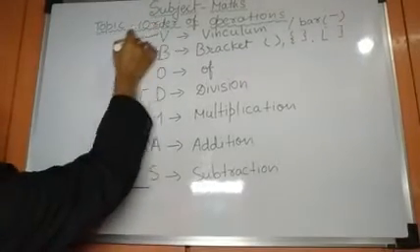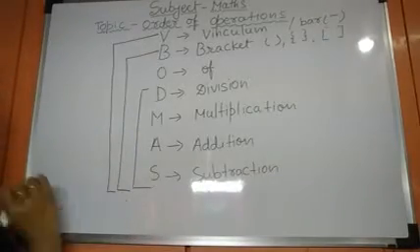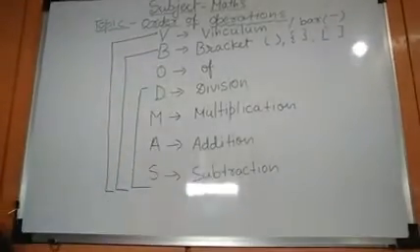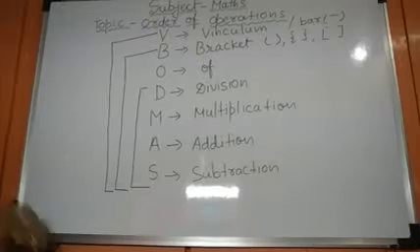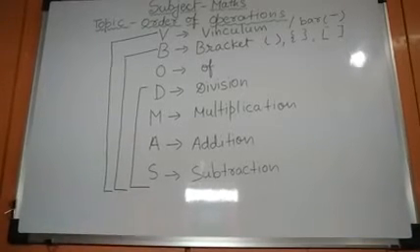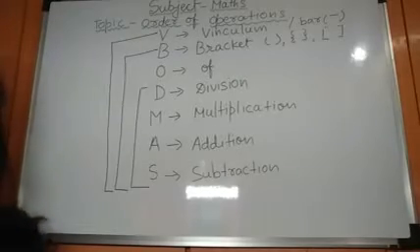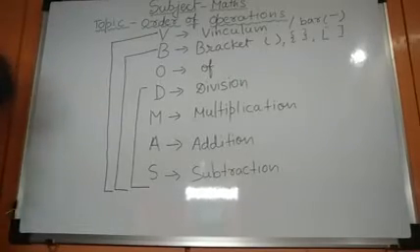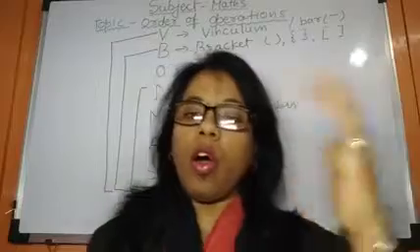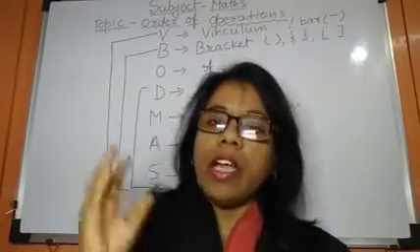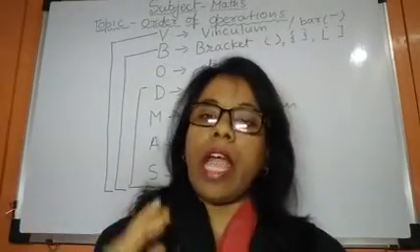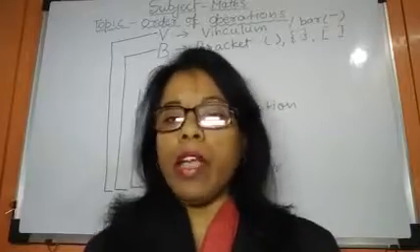And in more higher classes we know about VBODMAS. V stands for vinculum, then B bracket, O of, D division, M multiplication, A addition and S subtraction. So we will know about all these three concepts, DMAS, BODMAS and VBODMAS one by one.